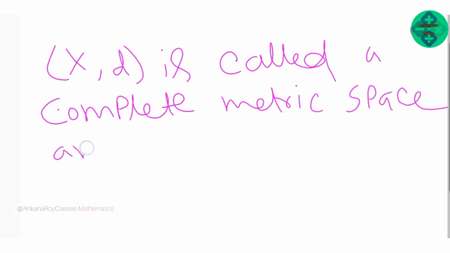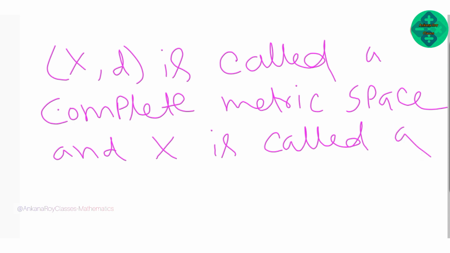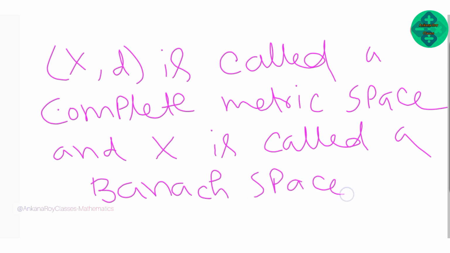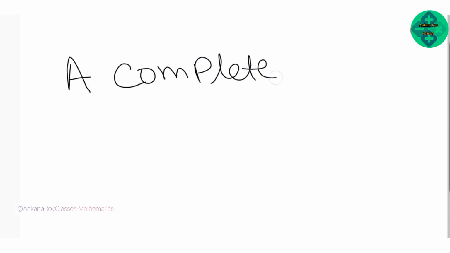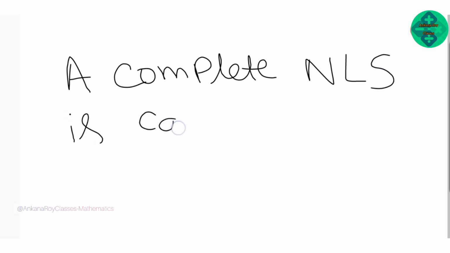And then X is called a Banach space. This term is very important, Banach space. That is a complete normed linear space. A complete normed linear space is called a Banach space.